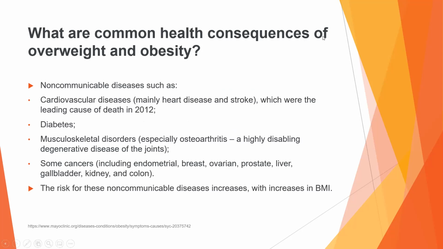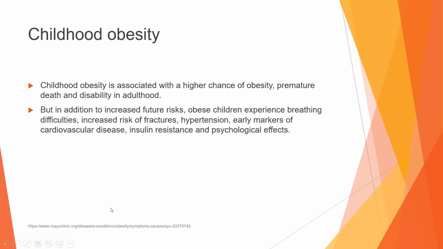What are the common health consequences? They are non-communicable diseases such as cardiovascular diseases, diabetes, especially type 2 diabetes, and now type 1 diabetes mellitus in children of young age, musculoskeletal disorders, and cancers. Childhood obesity is associated with higher chances of obesity, premature death, and disability.